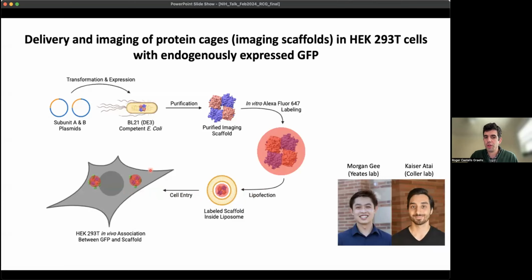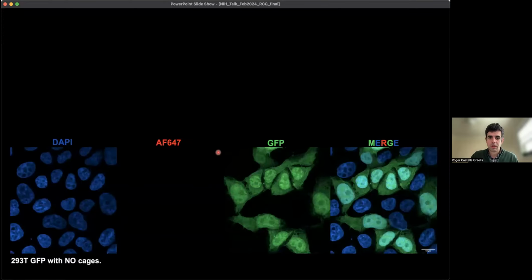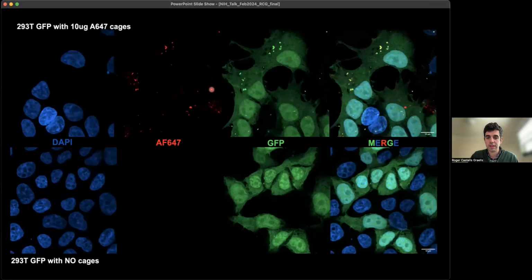Now I'm going to show you an example where we had a cell that was expressing GFP in the cytoplasm, and then we added protein cages that had DARPins against GFP. So here, this is the control where you can see the GFP in the cytoplasm of the cells. And now we add the protein cages inside the cells.